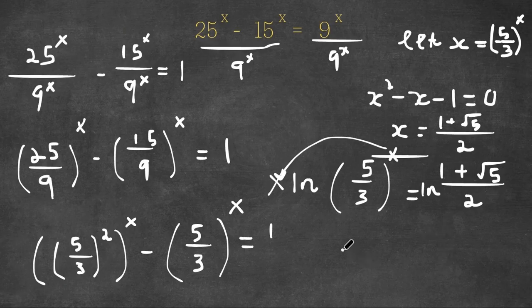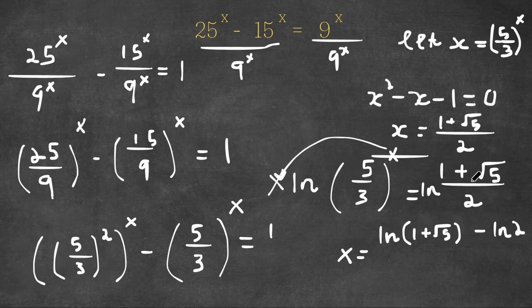And now this can be written as x is equal to, well, for ln of 1 plus the square root of 5 over 2, we could write this as ln of 1 plus the square root of 5, minus ln 2, because when you're subtracting natural logs, or even normal logarithms, you simply divide them.